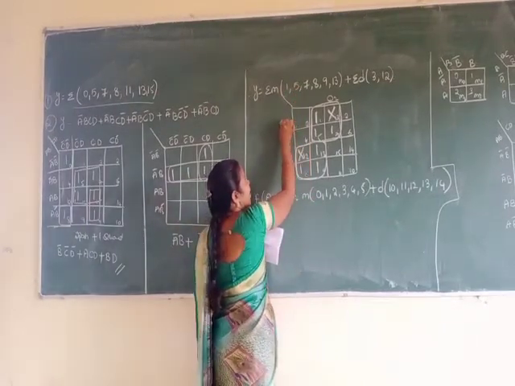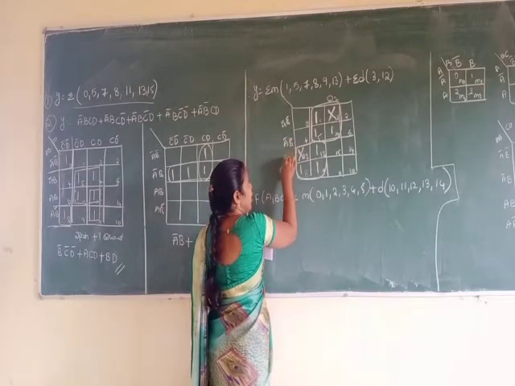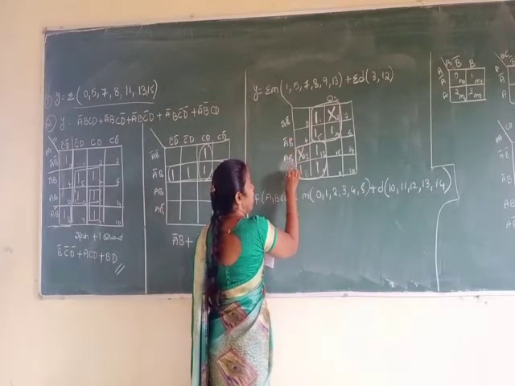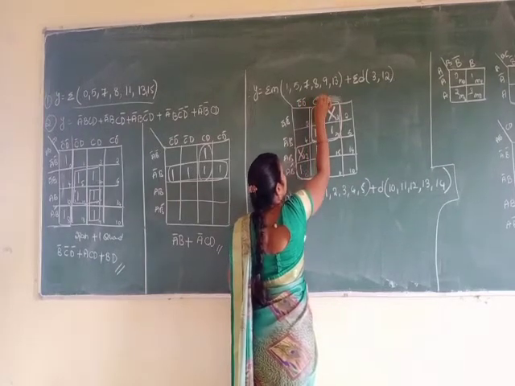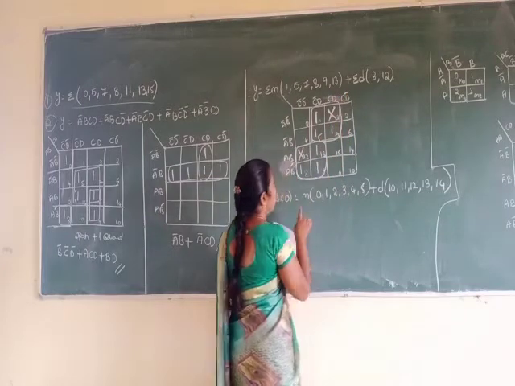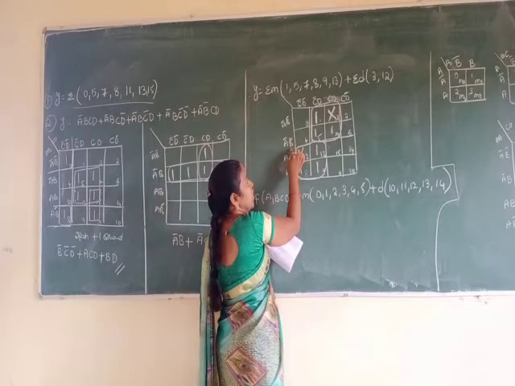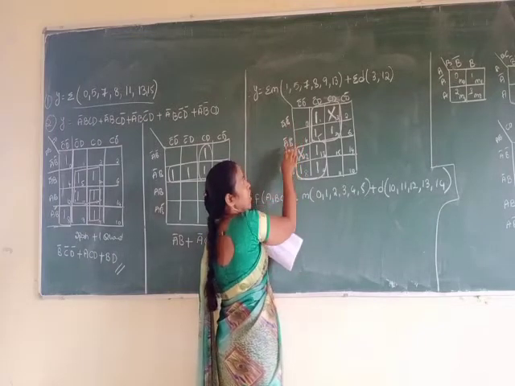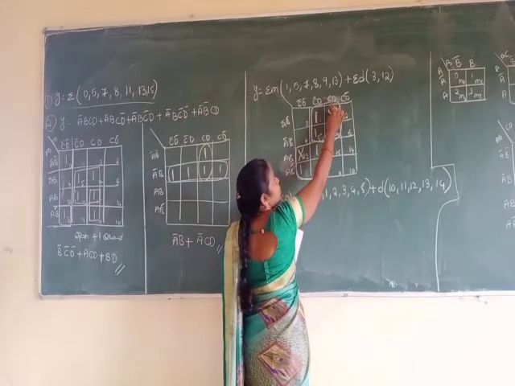So reduce the expression again. Here it will be A bar B bar, A bar B, A B bar. Now for this first quad, these 2 rows, B bar B get cancelled. What will be there? A bar. And these 2 columns, C bar C will be cancelled.